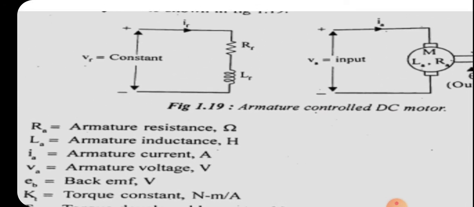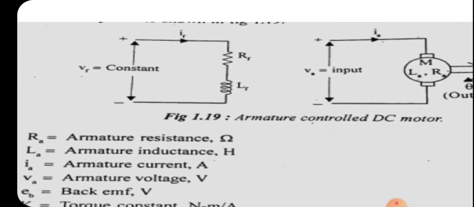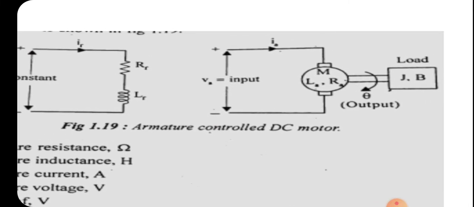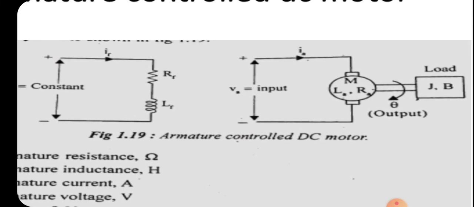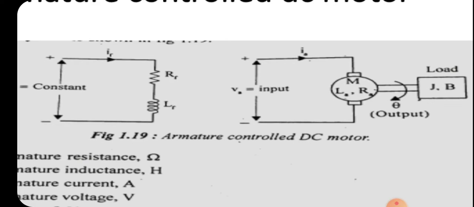You can see here in this diagram that it consists of an electrical part and a mechanical part. The first portion shows the electrical part that represents the field circuit, which consists of field current IF, field resistance RF and field inductance LF.